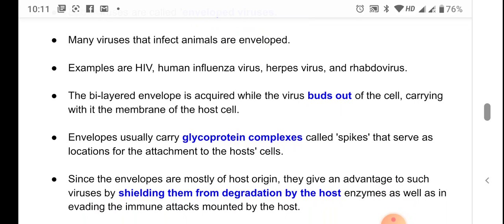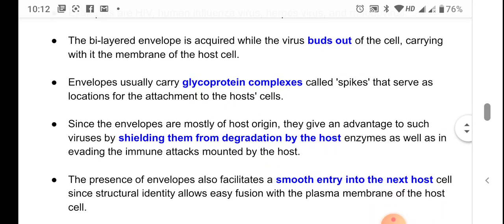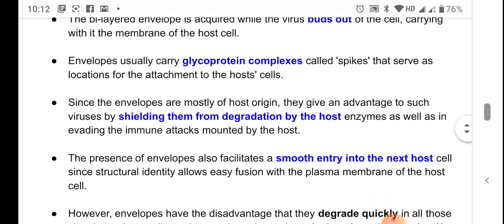These spikes help the viruses in attachment to the host cells. Also, another advantage of the envelope is that it shields the virus from degradation by the host enzymes, because this is the same as the host membrane.